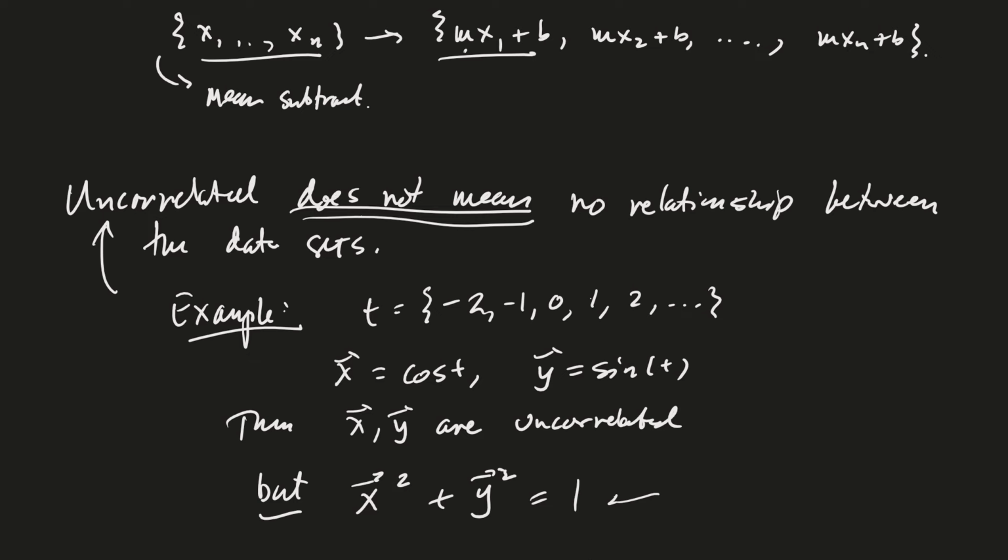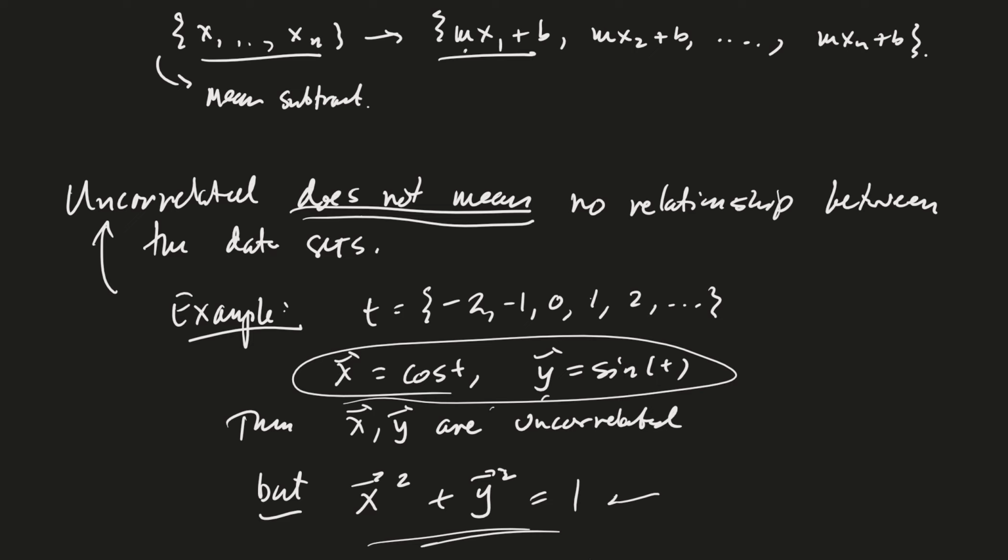So in this case, we see again x and y are uncorrelated. We're going to check this in our computer, but then x squared plus y squared equals 1. So there is a relationship between the two. Uncorrelated does not mean that there's no relationship. It means that there's no linear relationship.